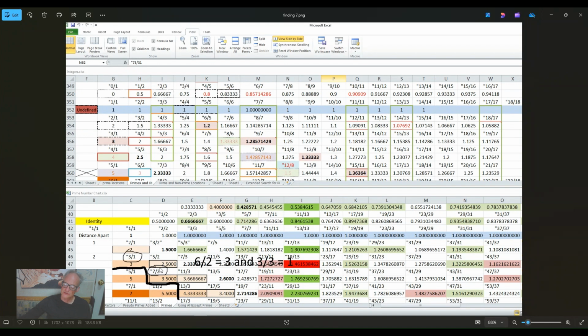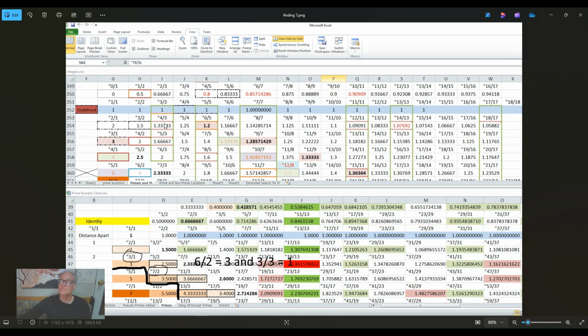But you will discover as we go along, seeking these next numbers, 11 and 13, that the equivalent of 1 that we're looking for changes due to the expansion of the table.